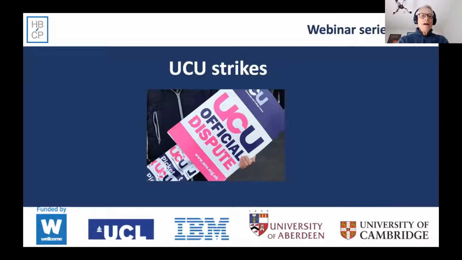There's been a lot of strikes, and there continues to be a lot of strikes in the UK as a result of policies of the government, particularly in relation to public sector pay and conditions, where public sector workers have seen successive reductions effectively in their pay and worsening of conditions.